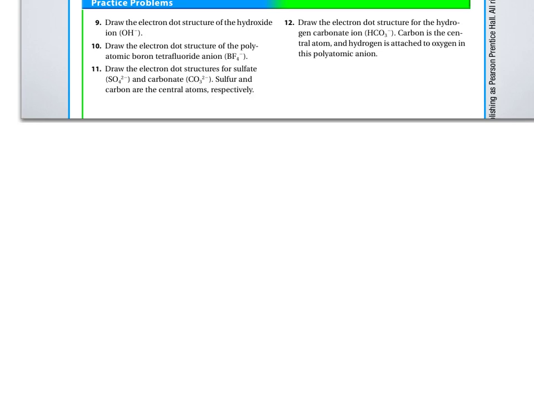Okay, so the first one says hydroxide ion, which is OH minus. So I've got my oxygen. It's got 6 electrons. I've got my hydrogen. Now this is not an H plus, so this is a hydrogen, and it has its electron.